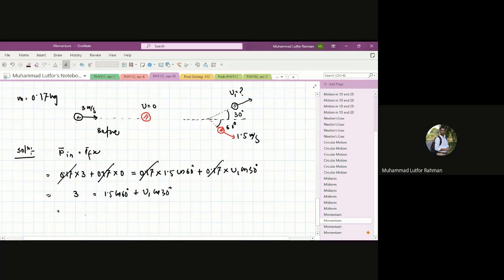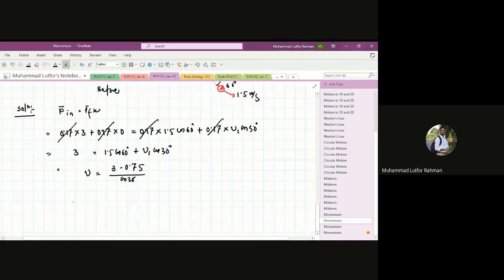If you solve, v1 would be 3 minus 0.75 divided by cos 30. And the answer is v1 equal to 2.59 meters per second. That should be the speed of the cue ball.